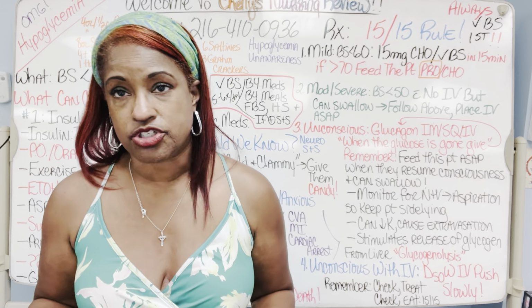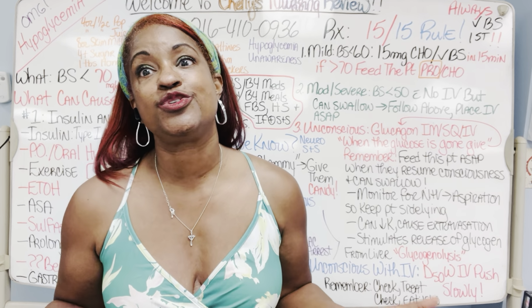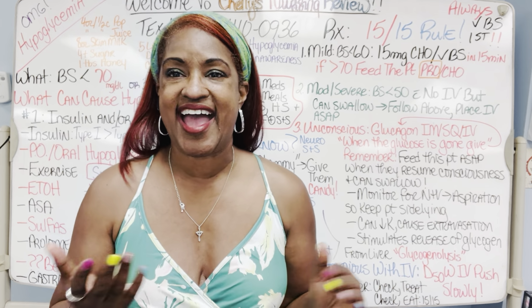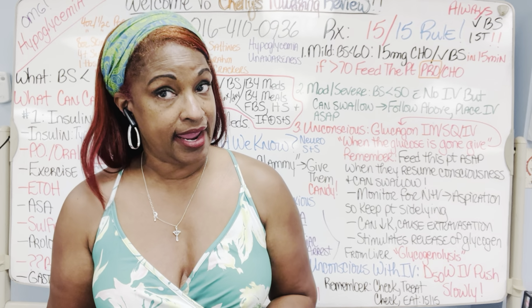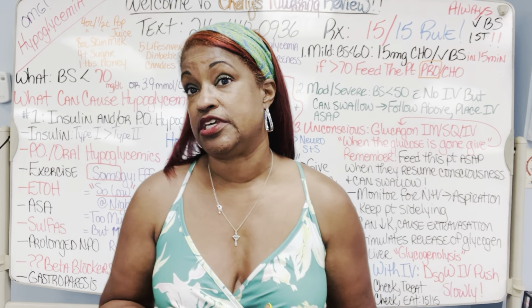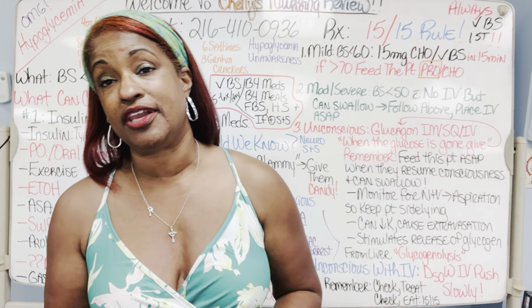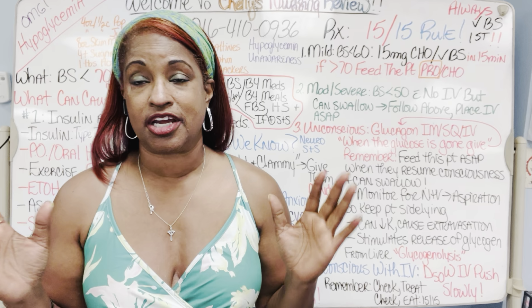So let me remind you, one of the other functions of the liver is to store sugar as glycogen, right? Everything you eat goes either in your muscles or your bloodstream or to your liver.